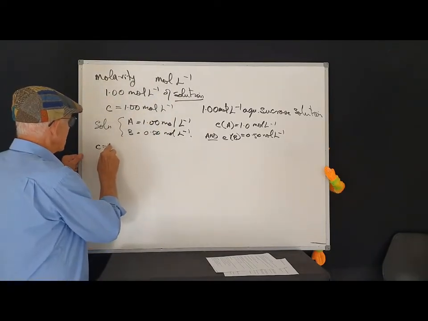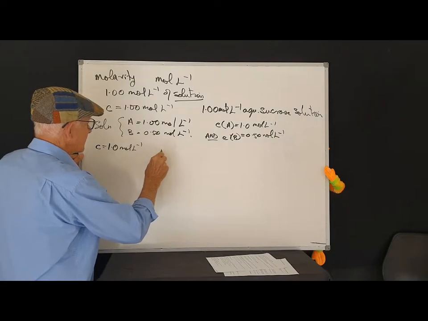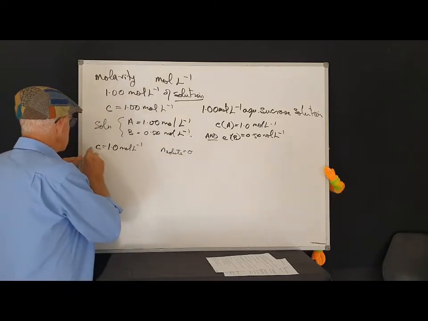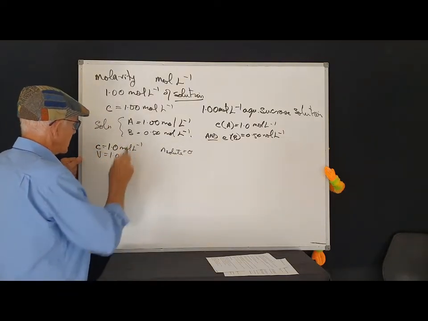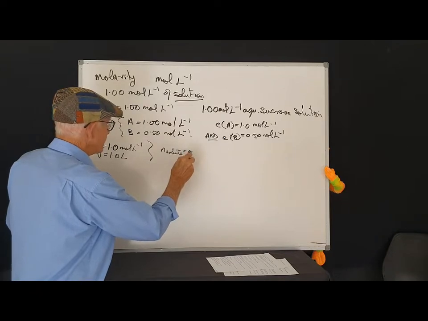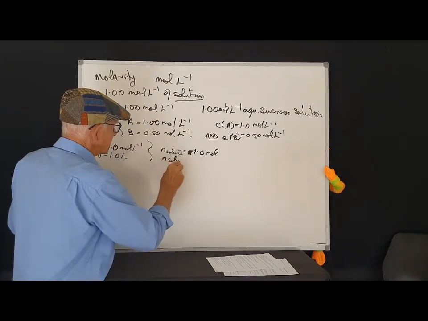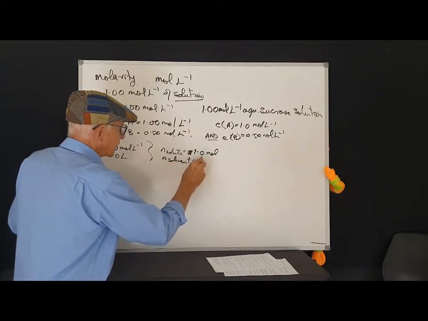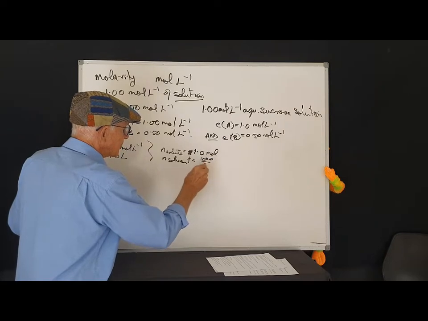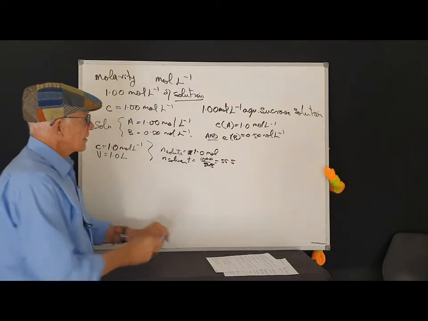If I have a 1.0 mole per litre solution, the number of moles of solute, suppose I had 1 litre, is 1.0 moles, and the number of moles of solvent is, I've got 1,000 mils, 1,000 grams approximately, divided by the molecular weight, 18, that's 55.5 moles.